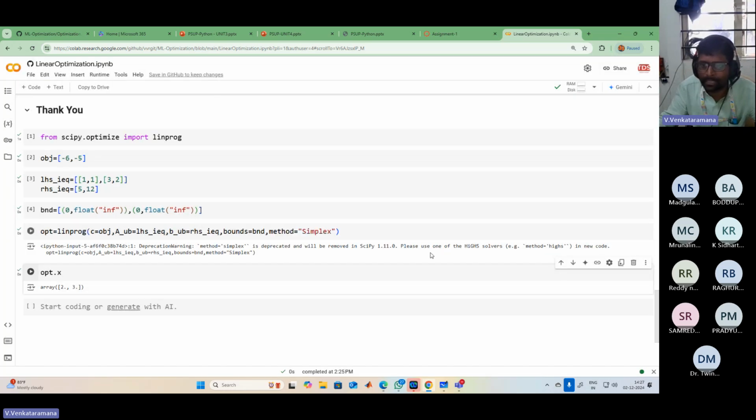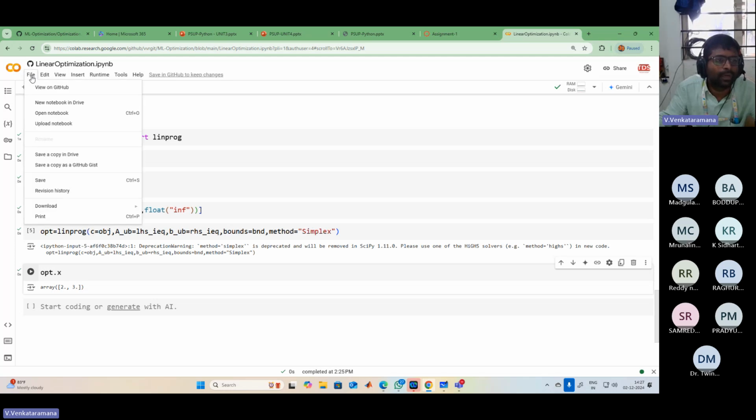But I recommend, if you have a GitHub account, go to file and you can find Save a copy in GitHub. Just save a copy on GitHub and your complete notebook will be uploaded into GitHub, and that GitHub link you have to share in the canvas.